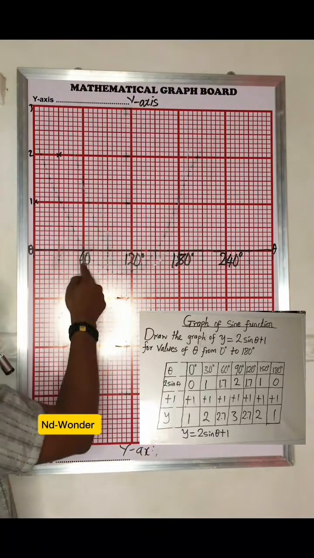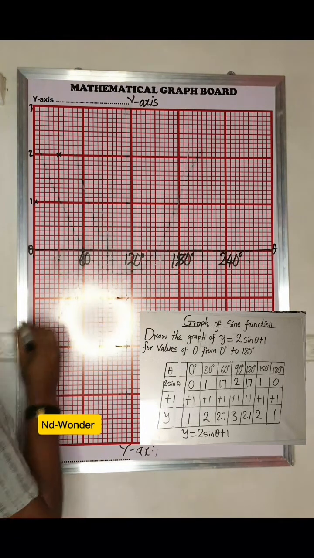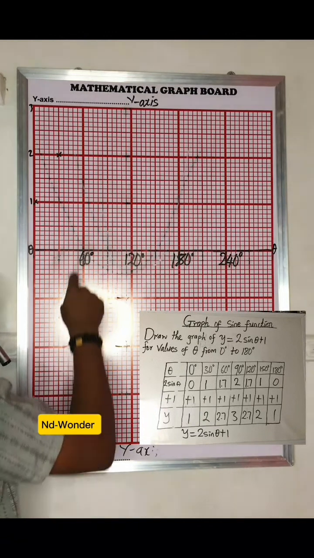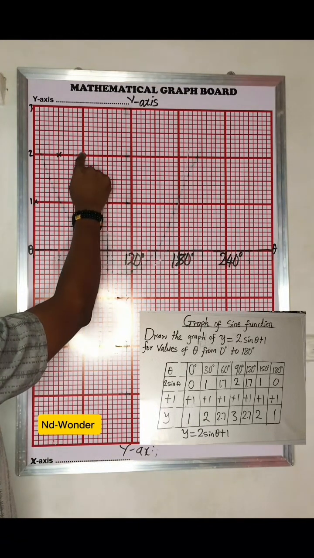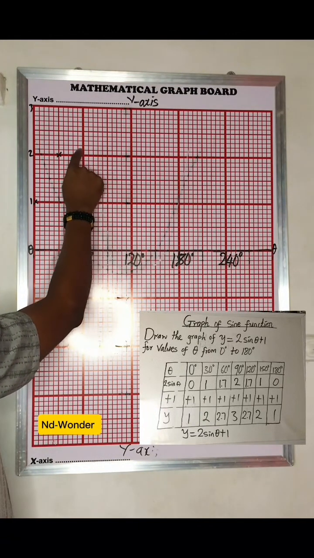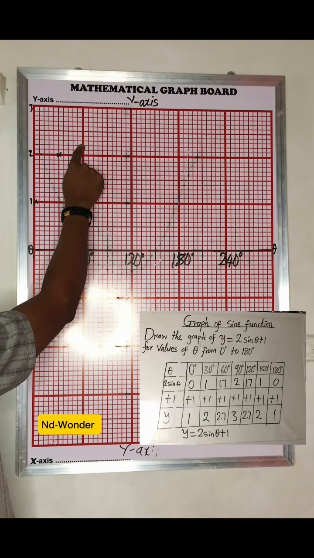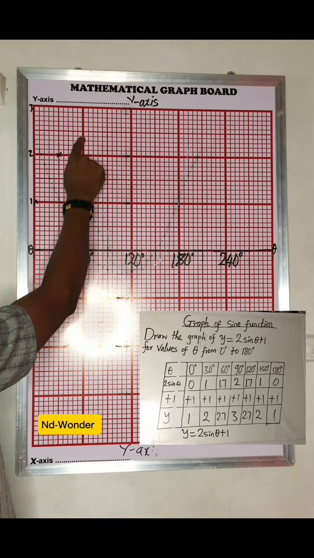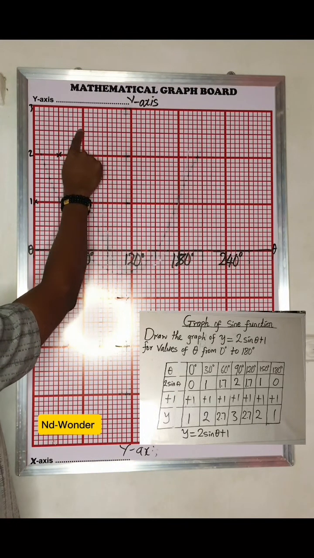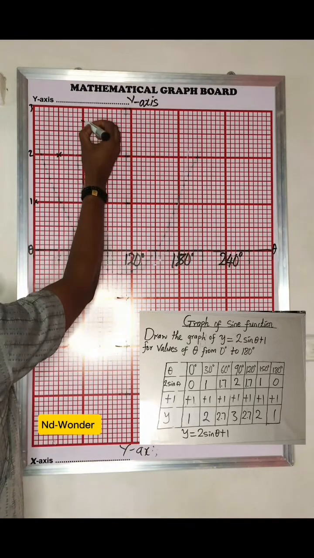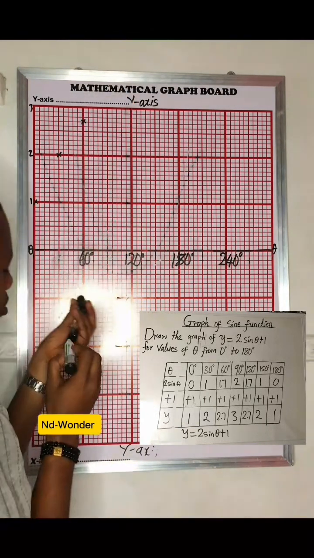When our theta is 60 degrees, our y will be 2.7. This is 2, 2.1. You can see the tiny lines. 2.2, 2.3, 2.4, 2.5, 2.6, 2.7. It falls right here.